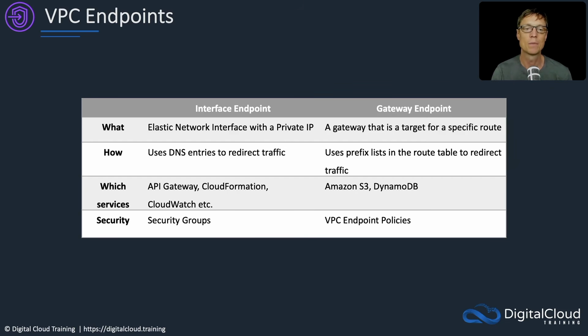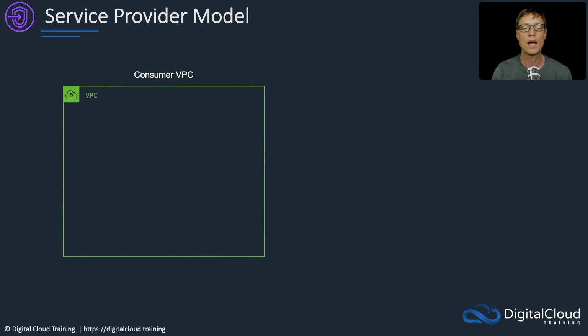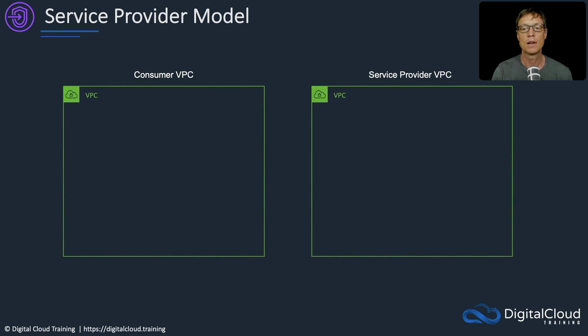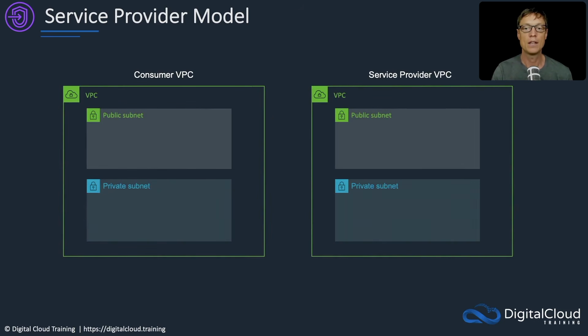Now, lastly, let's look at how we can use this in a service provider model. So what I mean is we have a consumer VPC and a service provider VPC. We've got a couple of subnets in each VPC. And what's happening is the service provider is creating a service. And that service is behind a network load balancer. And they want to provide that service to consumers.